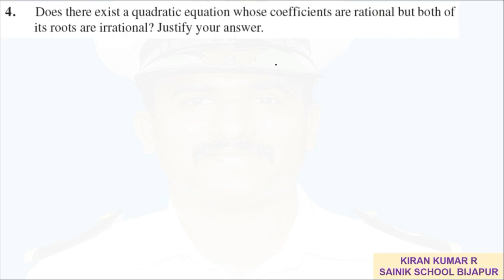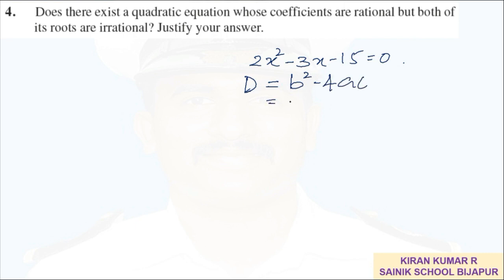Let me give an example before justifying whether it's a true or false statement. The example is 2x square minus 3x minus 15 equal to 0. Just observe its discriminant value. b square is negative 3 square minus 4 times a, which is 2, times c, which is minus 15. We get positive 129.